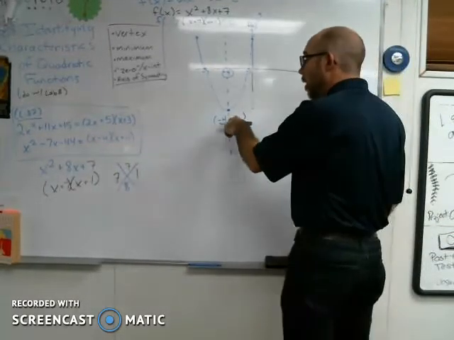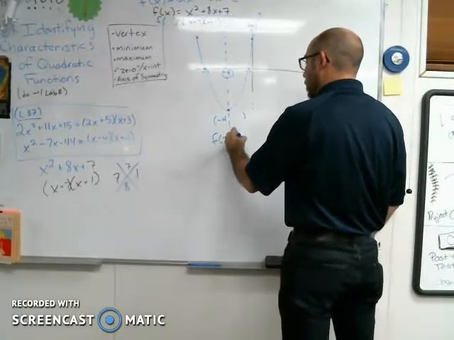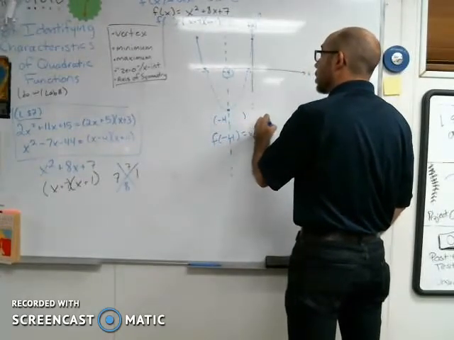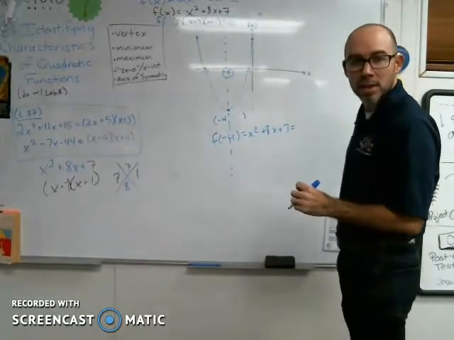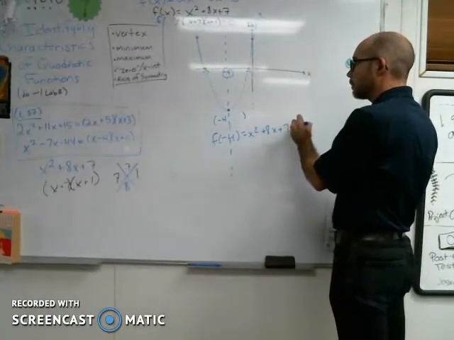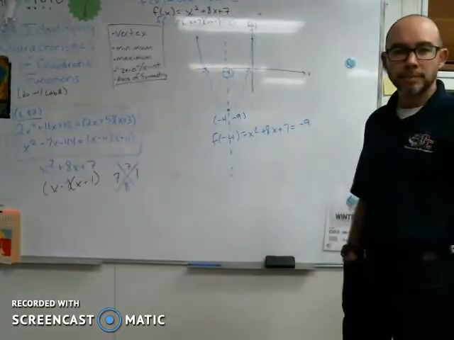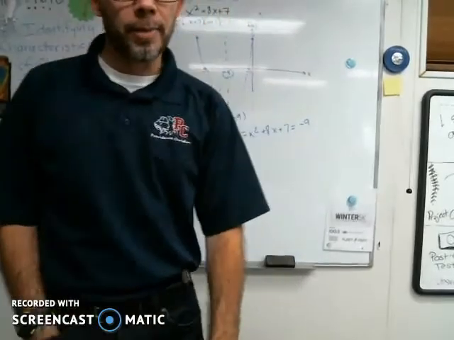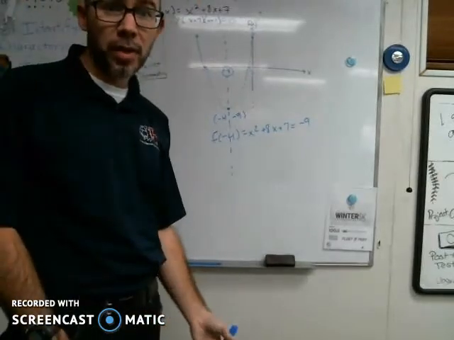And how do you find the y value of the lowest point? You plug that into your equation, x squared plus 8x plus 7. If you plug that in for x, you get -9. So the picture and the equation, all that stuff goes together.